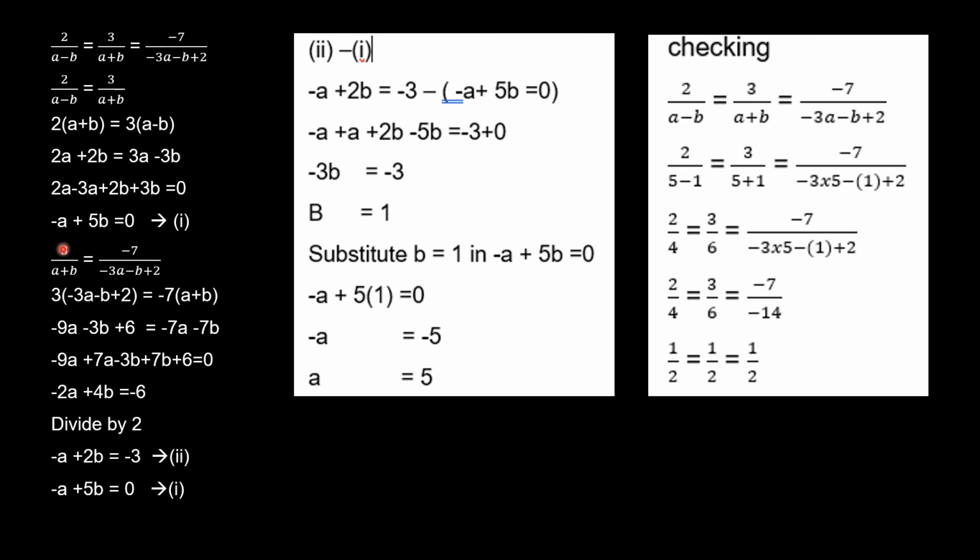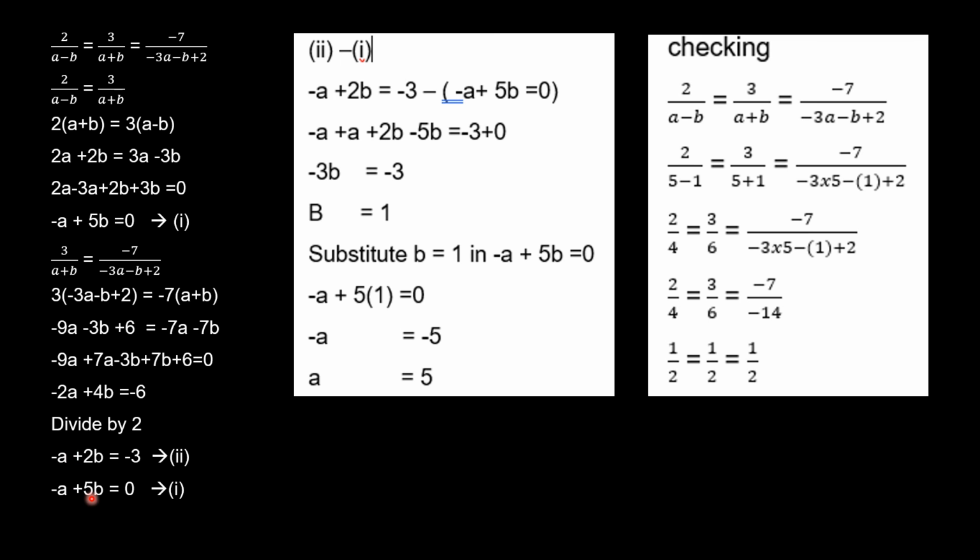Cross multiply, you will get minus 9a minus 3b plus 6 equal to minus a minus 7b. So when you solve this, you will get minus 2a plus 4b equal to minus 6. Divide this by 2. So minus a plus 2b equal to minus 3. This is the second equation. Already we got the first equation, minus a plus 5b equal to 0.